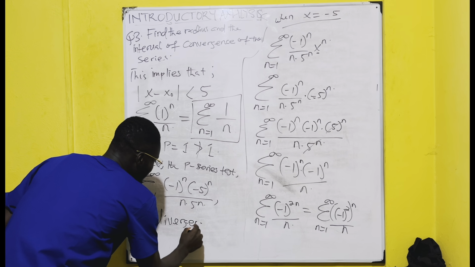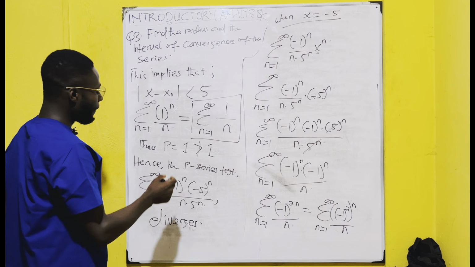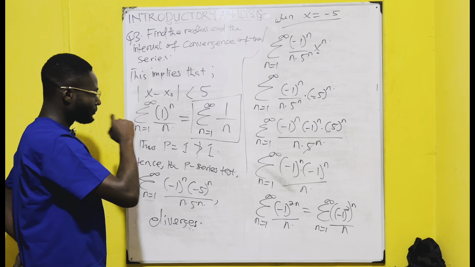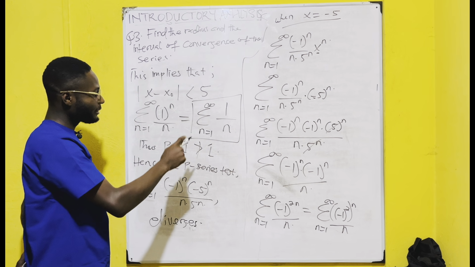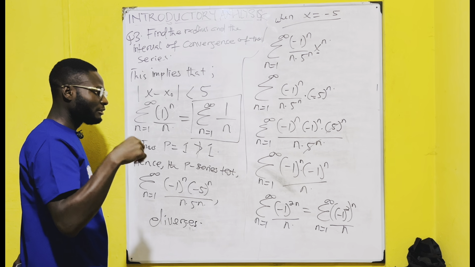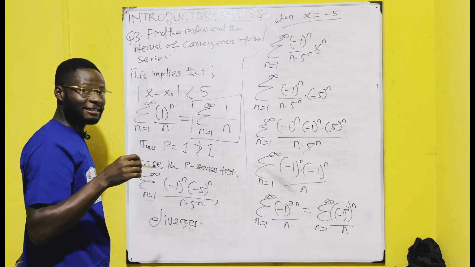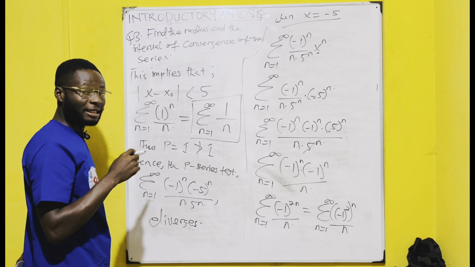So remember from the earlier note that we did, we said that if the ratio test is less than 1, then it converges.